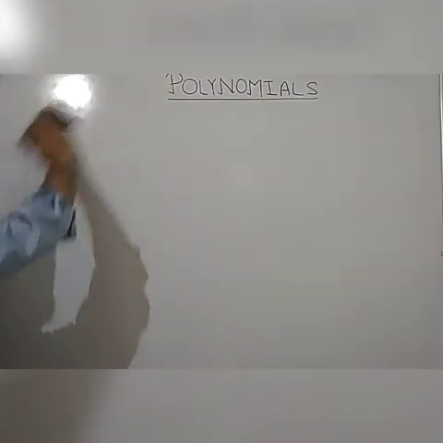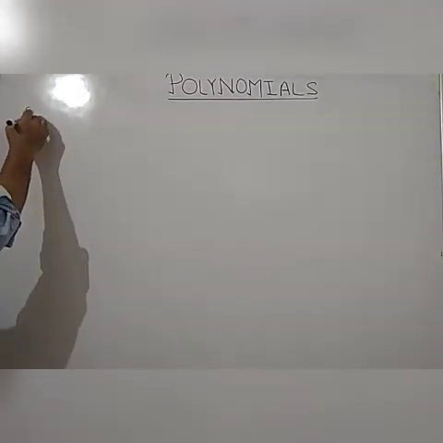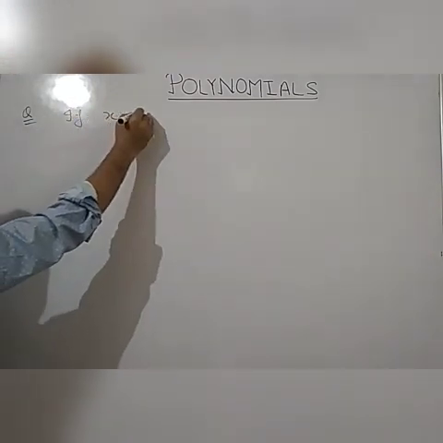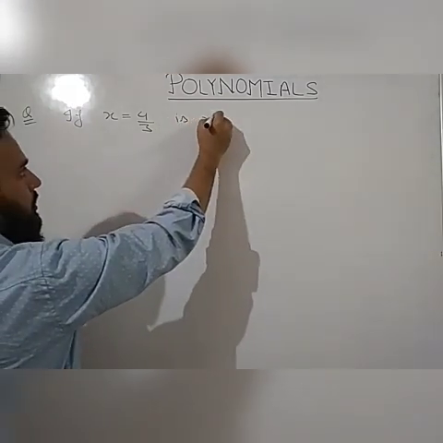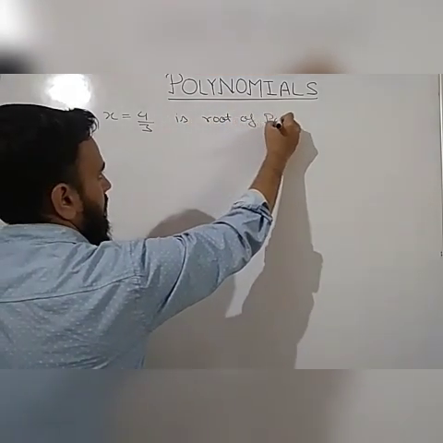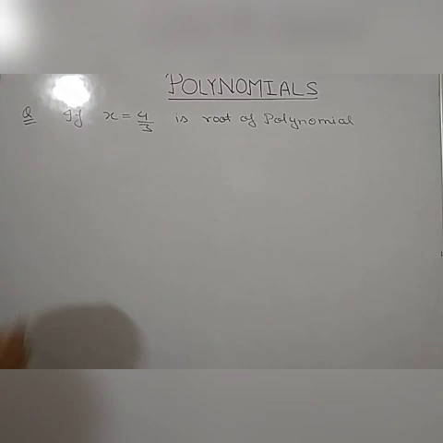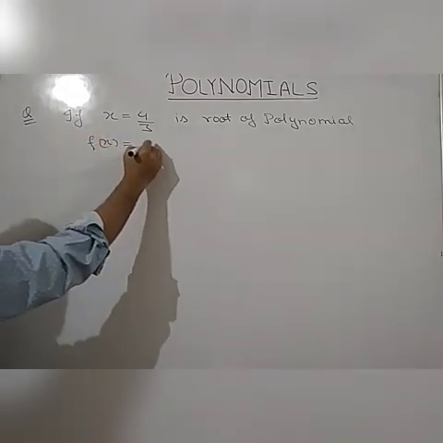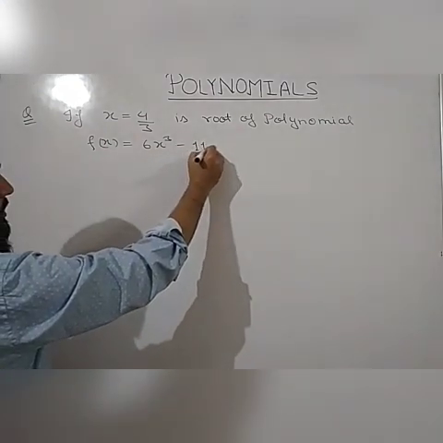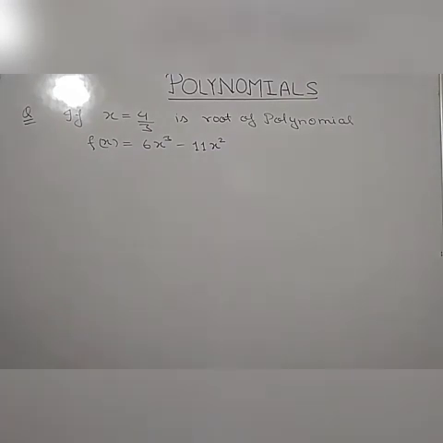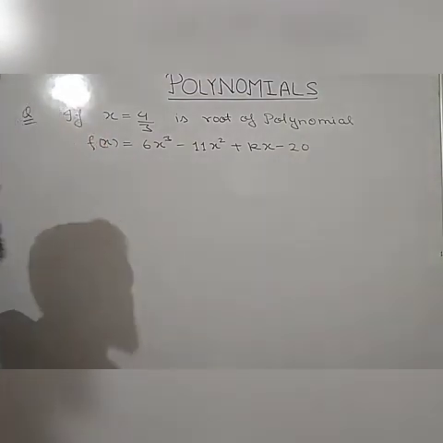Now I am giving one more question which you have to solve yourself. The question is, if x is equal to 4 upon 3 is the root of polynomial, and the polynomial is given f(x) is equal to 6x cube minus 11x square plus kx minus 20.